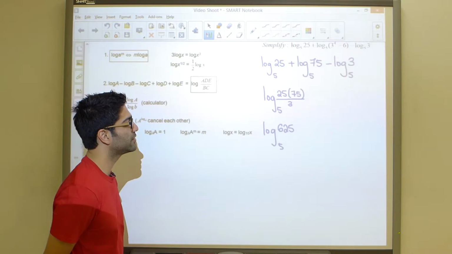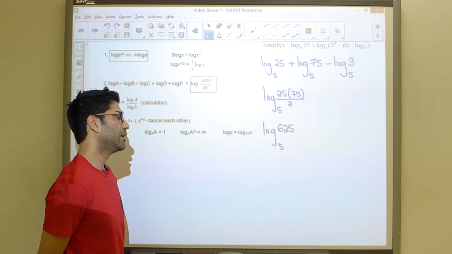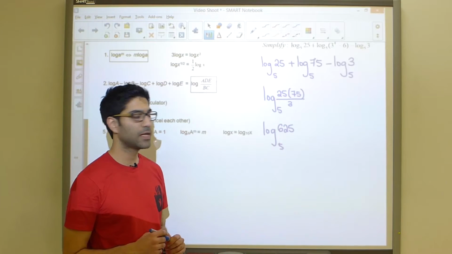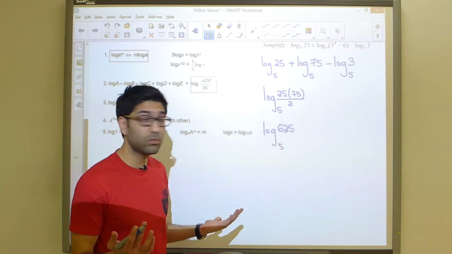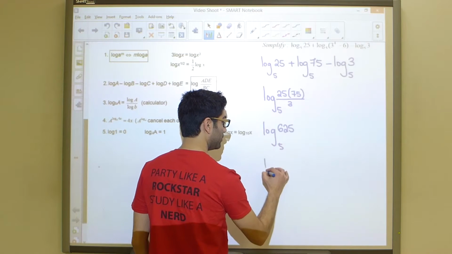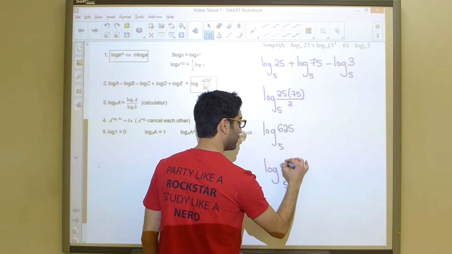Now the question is, how can we simplify this further? So this is where our quote-unquote cheating is going to come into play. You are somehow supposed to know that this is equivalent to 5 to the power of 4.